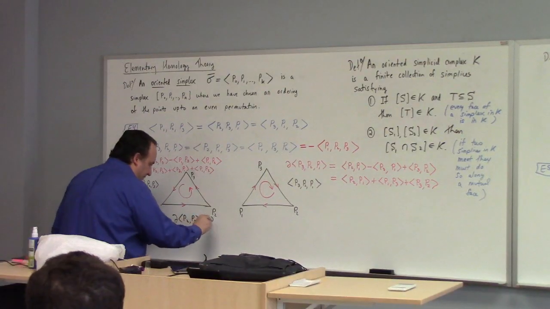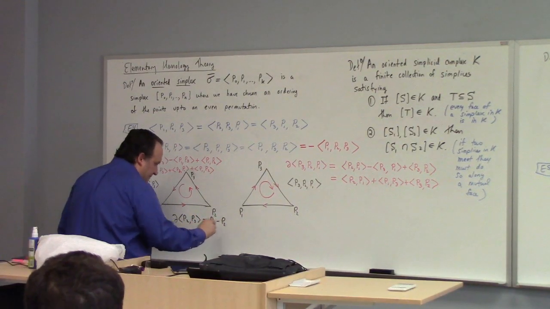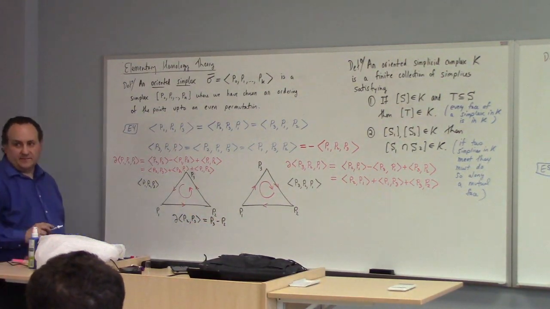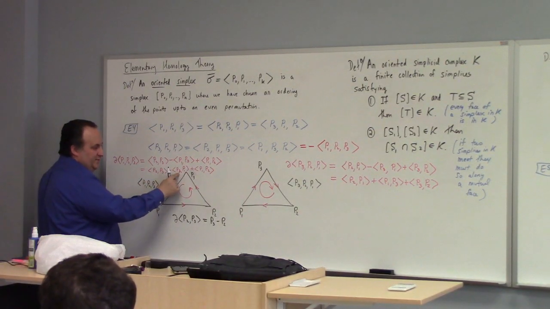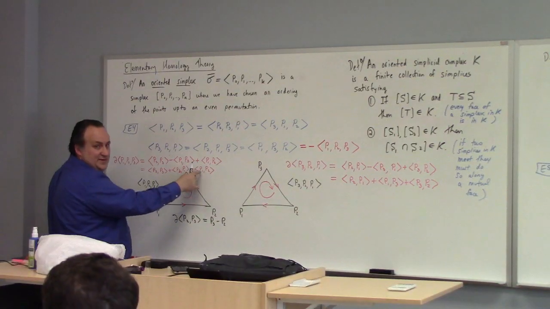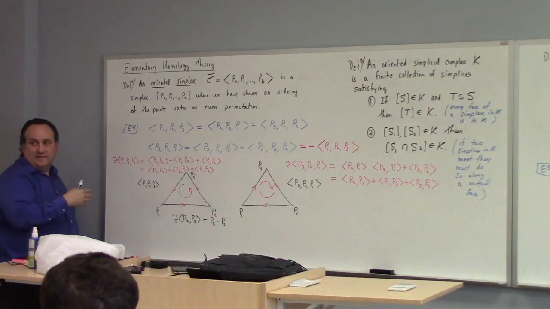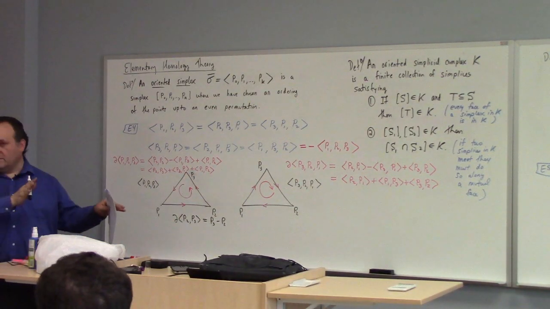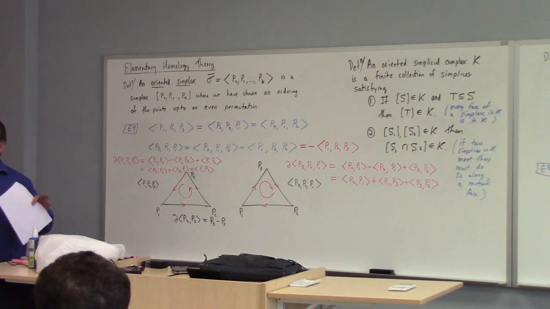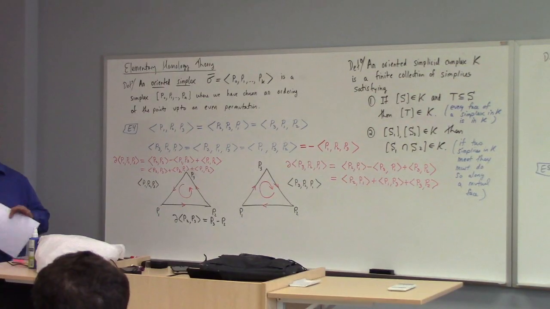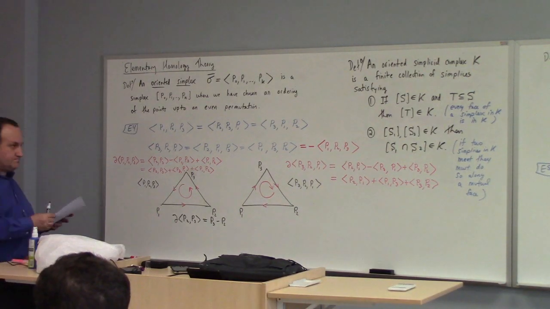It's P3 minus P2, right? And so this gives you P3 minus P2, P1 minus P3, P2 minus P1, and they just cancel. So you can see that partial squared is 0. In other words, the boundary of the boundary is nothing. So the boundary of the boundary is empty.